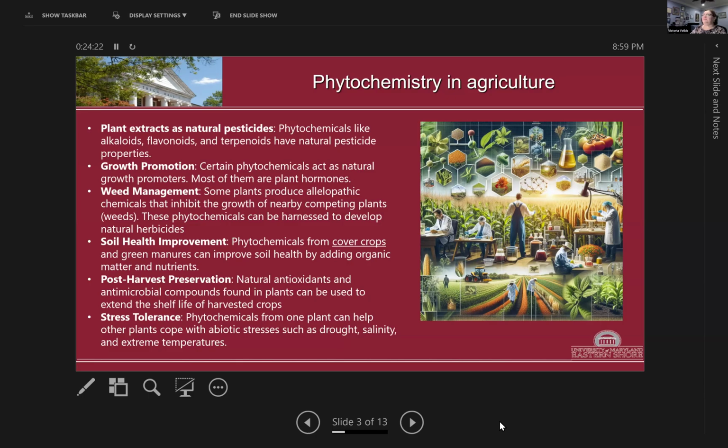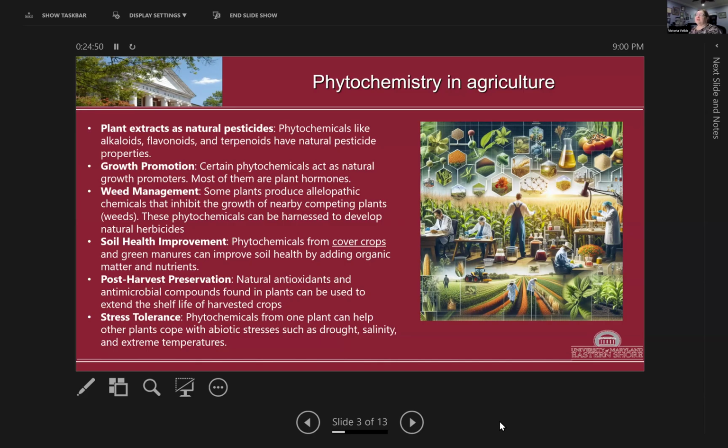So once we can give organic growers alternatives to synthetic pesticides, fertilizers and herbicides, that will increase their production and their revenue. That's one use of phytochemicals, because phytochemistry is responsible for finding such compounds, extracting them, and preparing formulations that can be used as a pesticide.